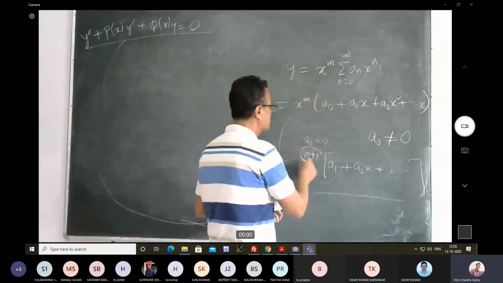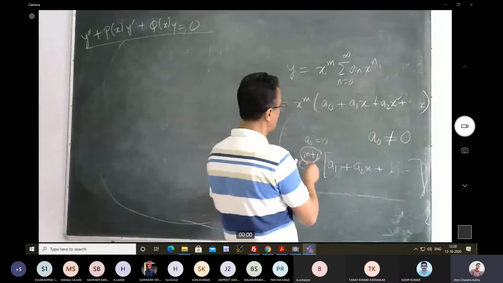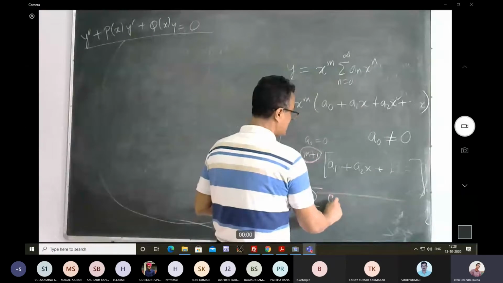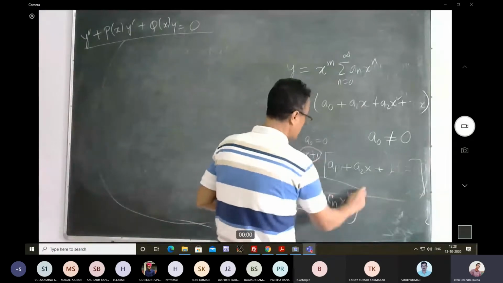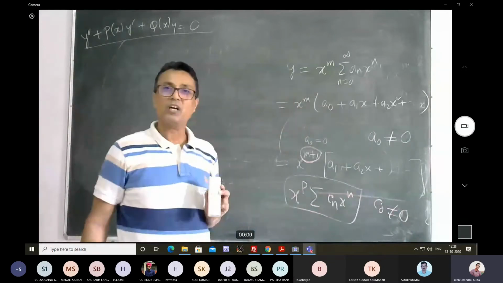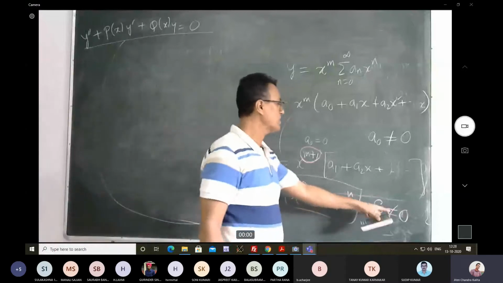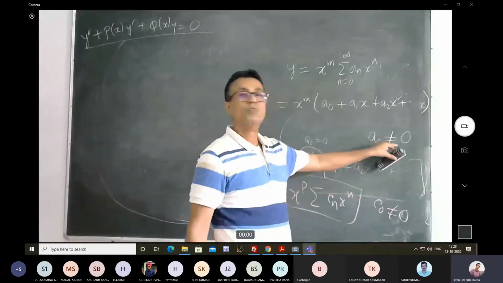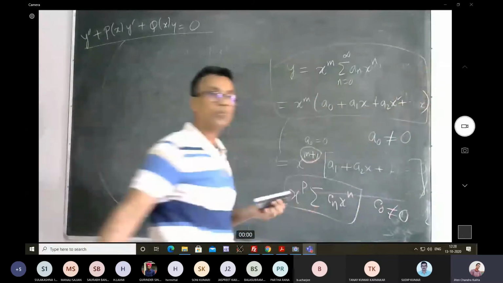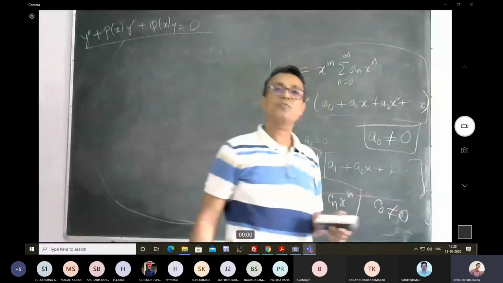Since I'm already writing this as an exponent of x, it makes sense that whenever you assume that your series is something like x to the power p times c n x to the power n, you assume that at least c naught is not equal to 0. Is it okay? Because eventually you can easily absorb it. That is why from the very beginning, I'm simply going to assume that A naught is not equal to 0. And you will see that this statement is very, very important.